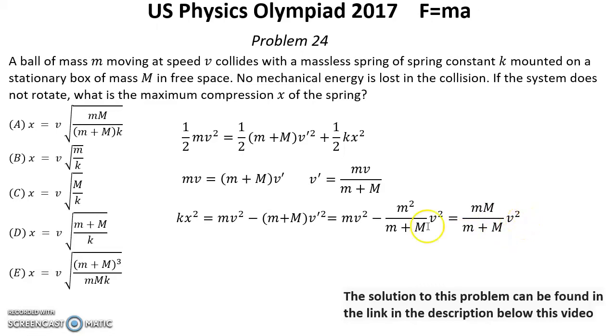And from here we can find that x equal v multiplied by square root from small m big M over (small m plus big M) k, which is answer A. That was a solution for problem number 24.